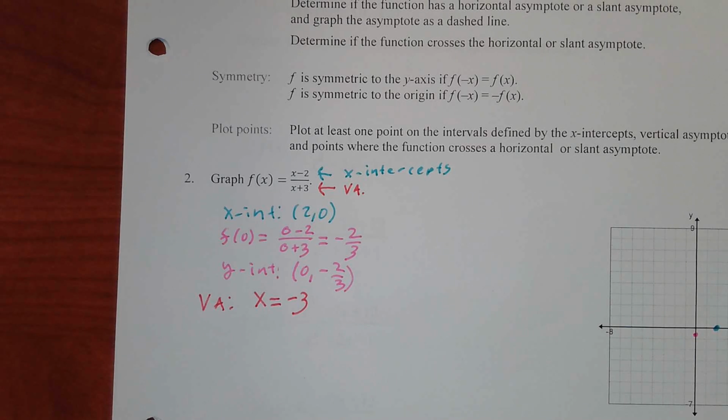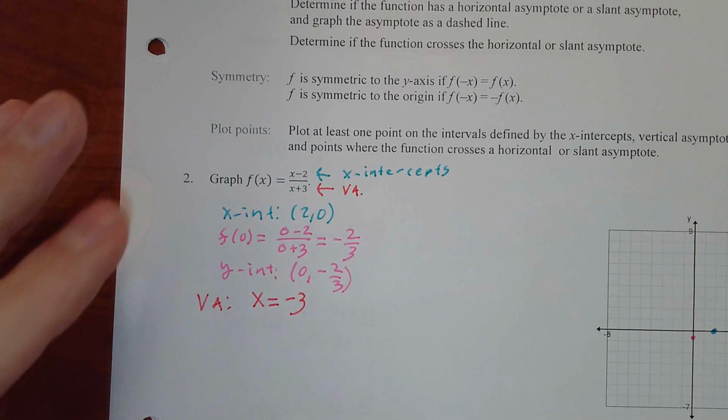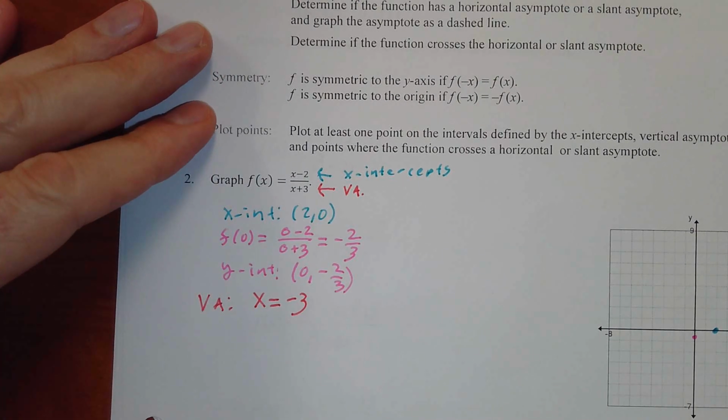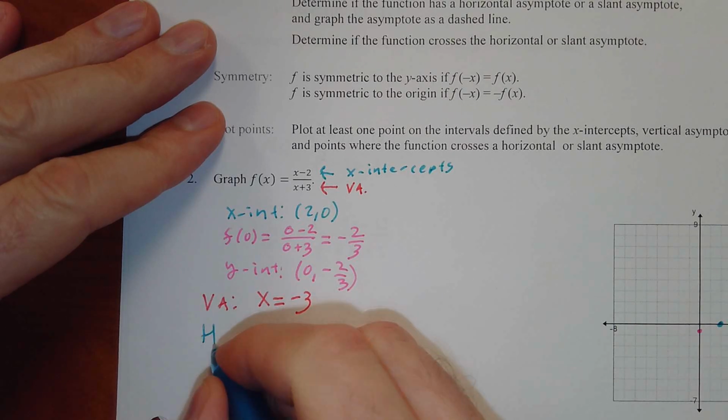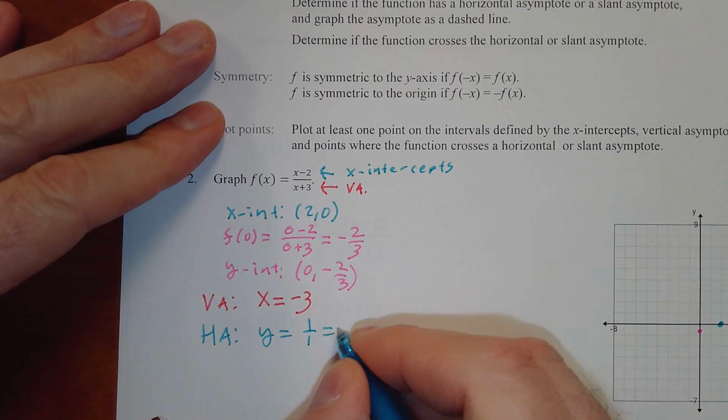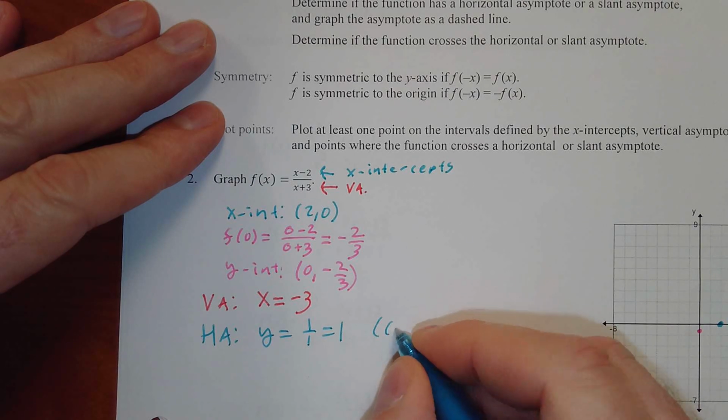Now for horizontal asymptotes, top and bottom are degree 1, so that's case 3. y is going to be equal to 1 over 1, which is 1. And then this is case number 3.